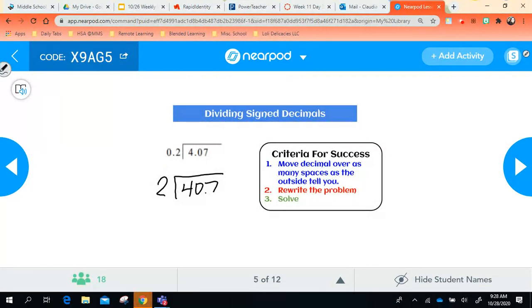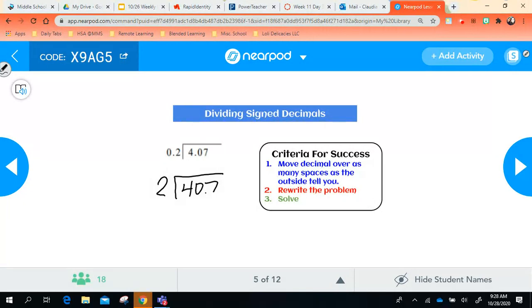Everybody with me so far? Okay, so remember, if you still have trouble with your divisions, on one of the sides of your sheets, you do have division. So I like to start with the first number. I don't go straight to 2.